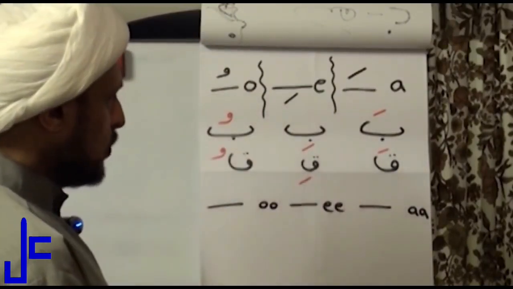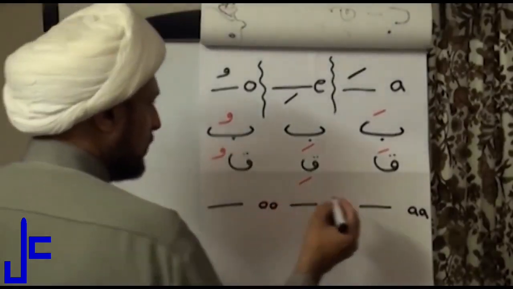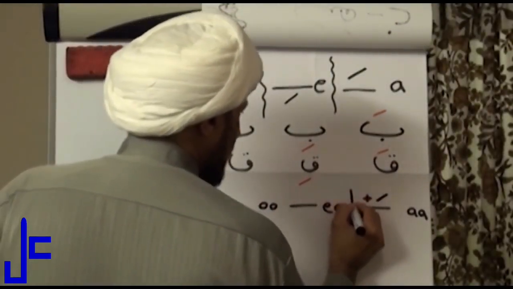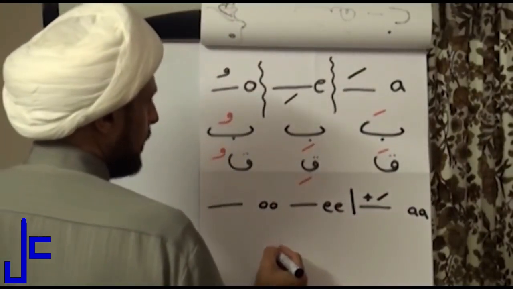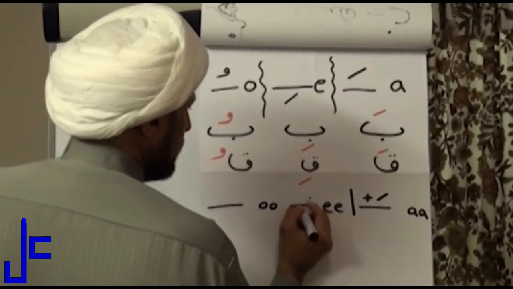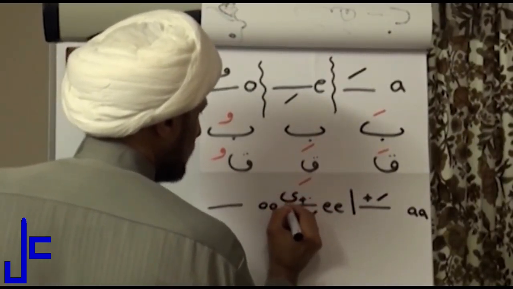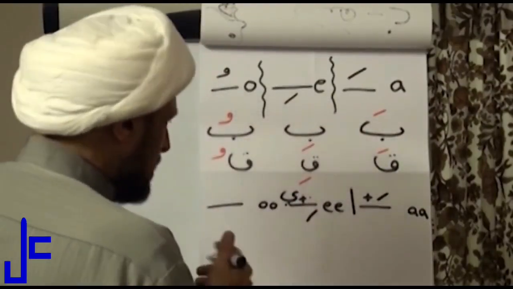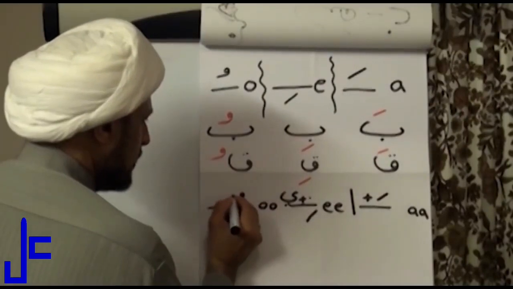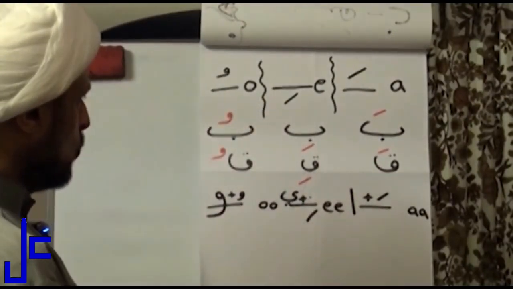So what will happen? This A will be represented with fatha plus alif. Here, kasra plus ya, ee. And then here, dhamma plus wow, oo.